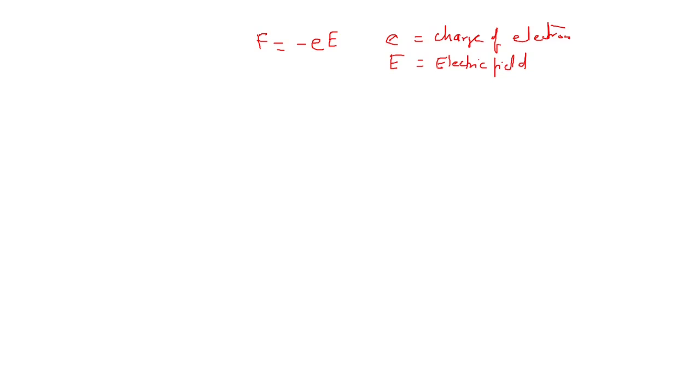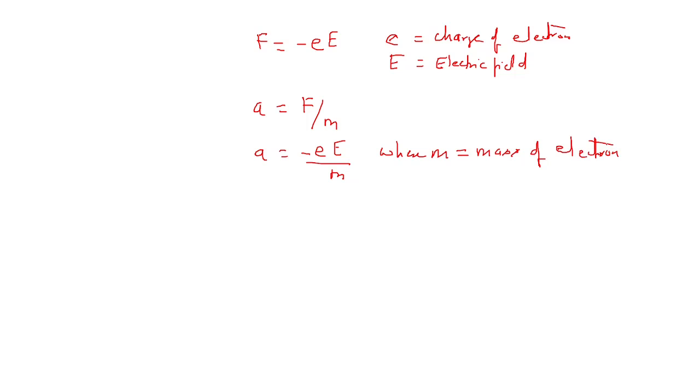Now this electron acquires an acceleration, and the acceleration can be given as a is equal to F upon m. If you substitute F as minus e into E, then a can be written as minus e into E upon m, where m is the mass of the electron.